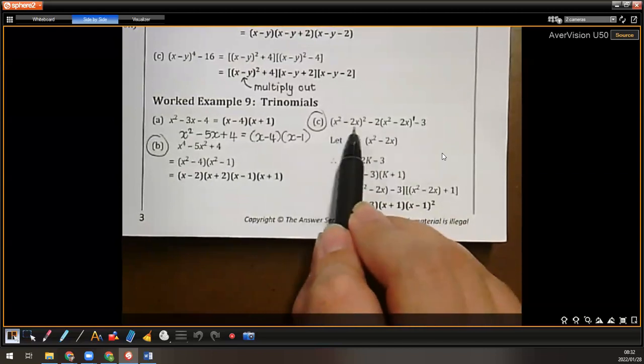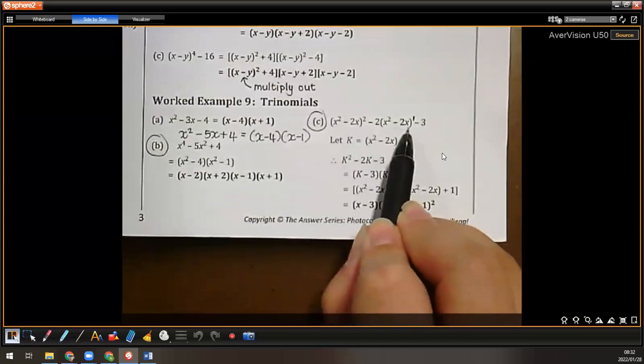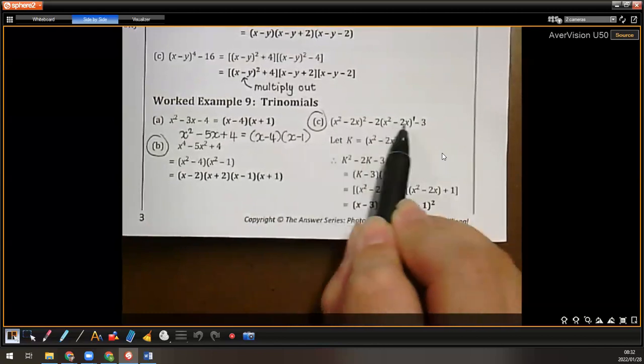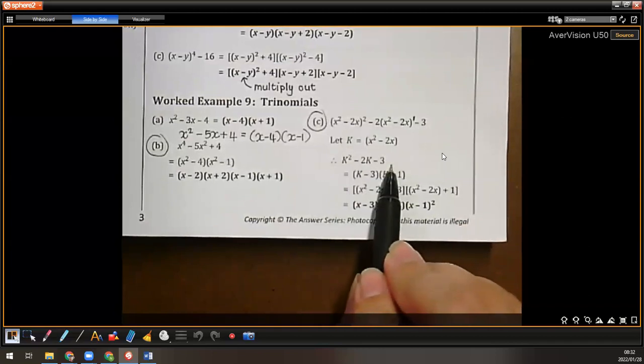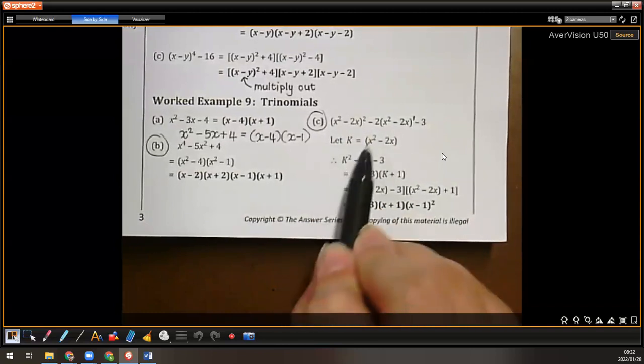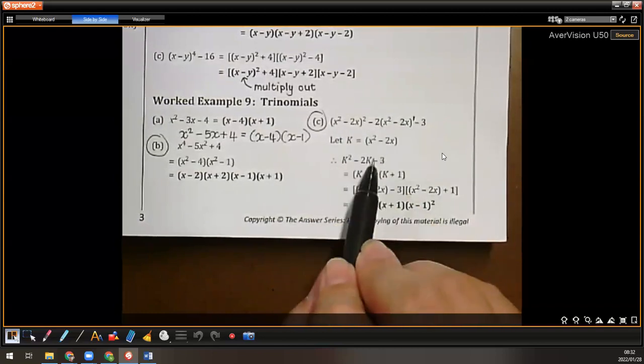So here, do we see that these two brackets are the same? Right? So if you say that K is equal to that bracket, then it simplifies the actual trinomial that you have to factorize. So your bracket squared becomes K squared, -2 times the bracket becomes -2K, and then you have -3.